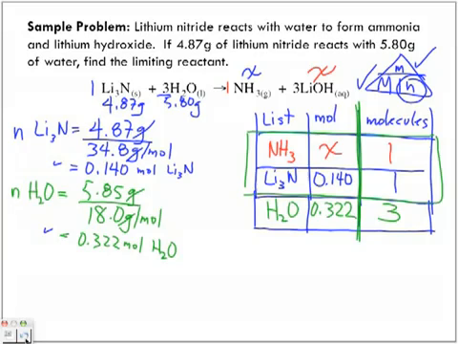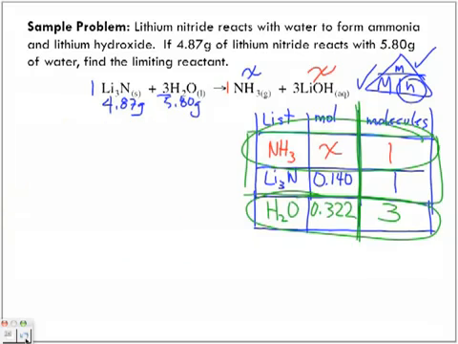Then we're going to do the same thing, but now we're going to use the number of moles of water to find out how many moles of ammonia we're going to make. So take a moment and actually solve for the number of moles of ammonia when it's created using lithium nitride and when it's created using water.